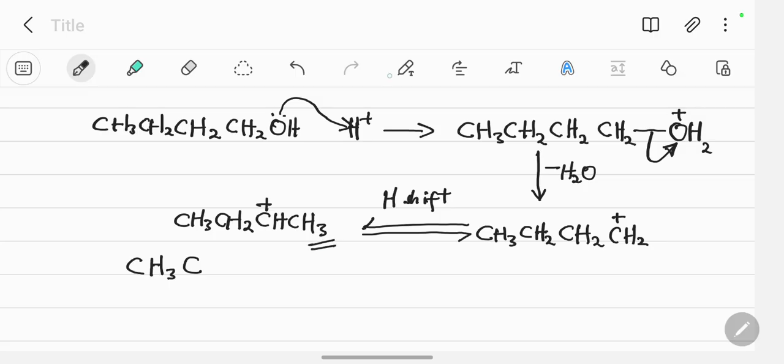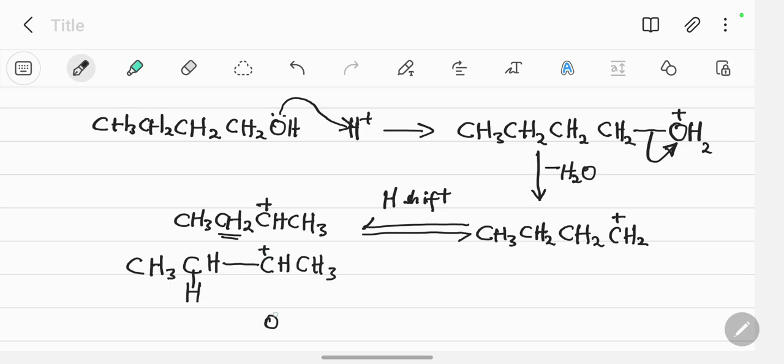No. You have to get the hydrogen that is within. So I'm having hydrogen there and hydrogen and CH3. So this one has a positive charge there.